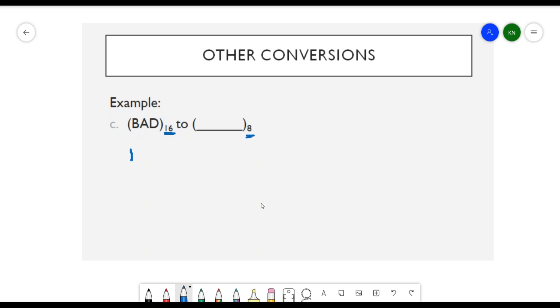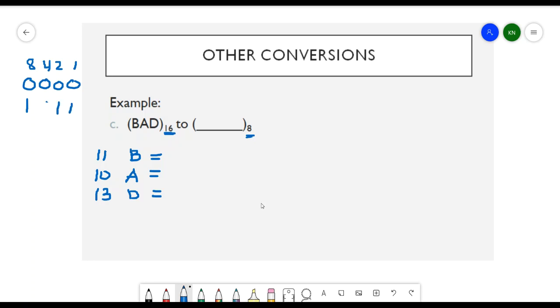So again, in converting this to binary, we have to use 4 bits, right? So we have to use 1, 2, 3, 4. B is 11, A is 10, D is 13. So this is 1, 2, 4, 8. So 11. So we have 1, 8, 10, and 11. So this one is 0.